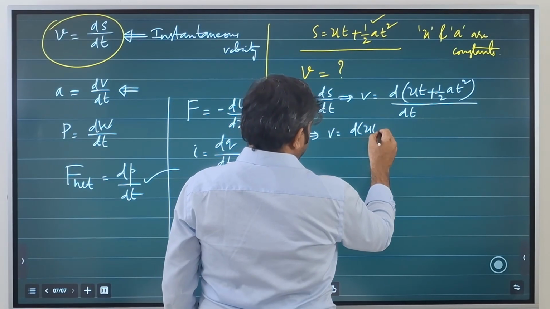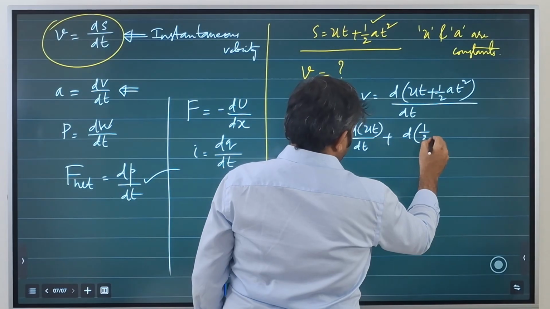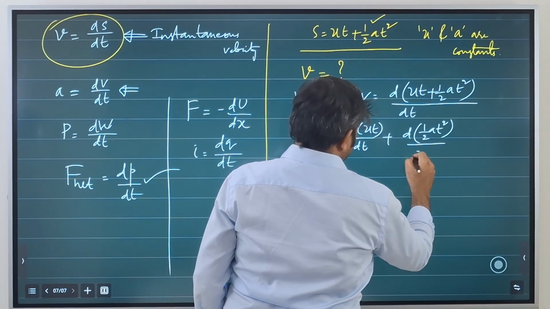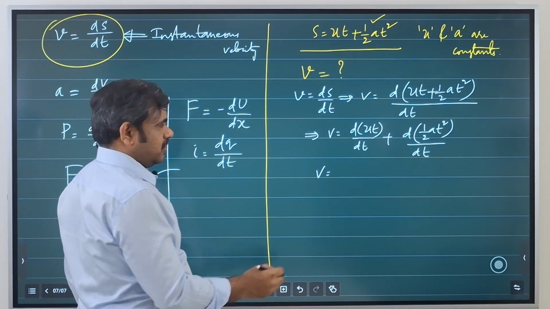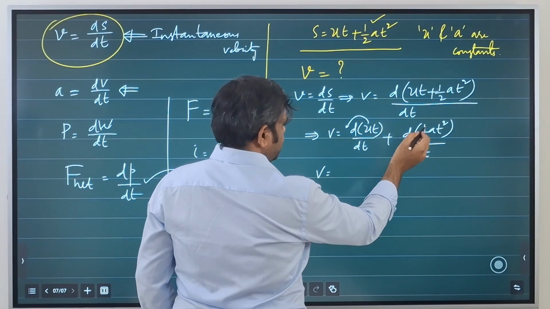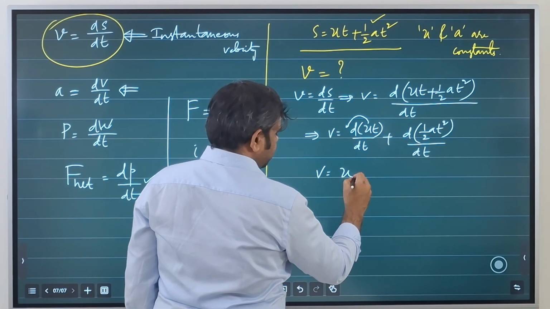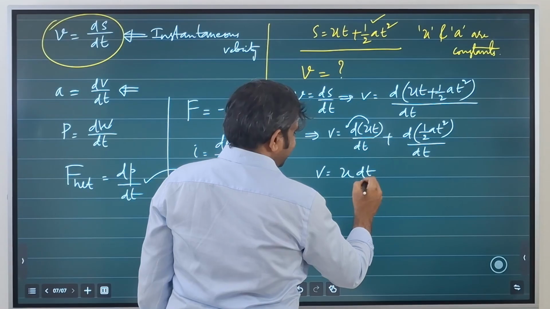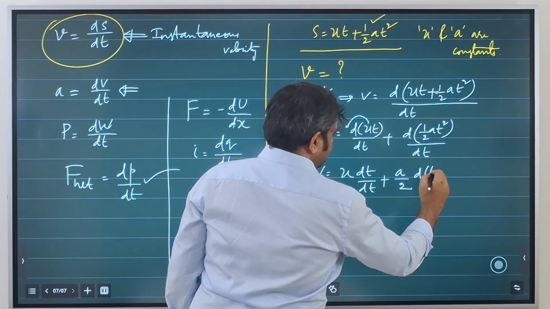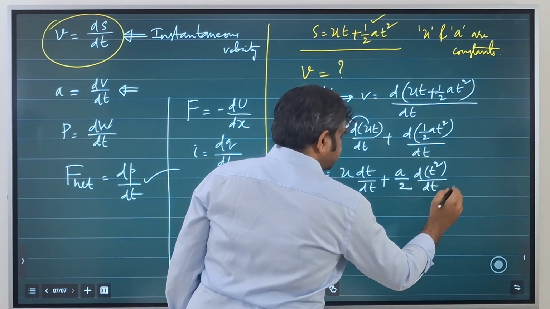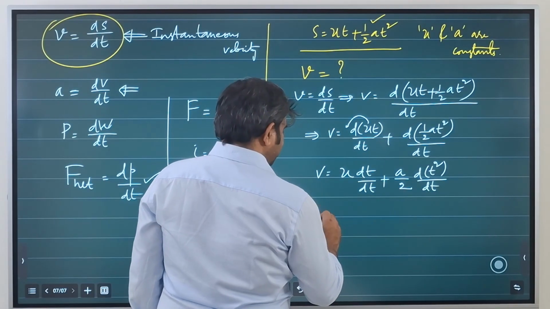This can now be written as d of ut by dt plus d of half at square by dt. You know what to do with the constants, right? So these constants come out. u comes out, half into a, that is a by 2, also comes out. So here v is equal to u dt by dt plus a by 2 into d of t square by dt. dt by dt is 1.